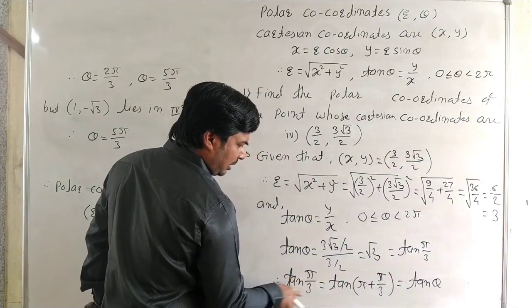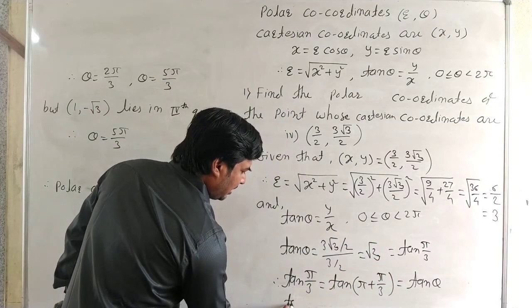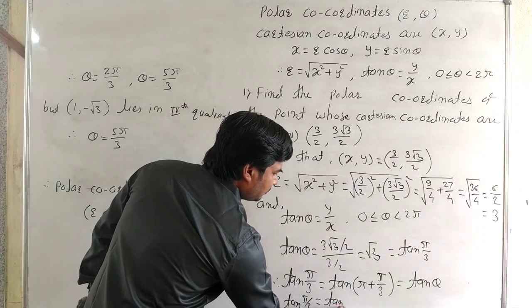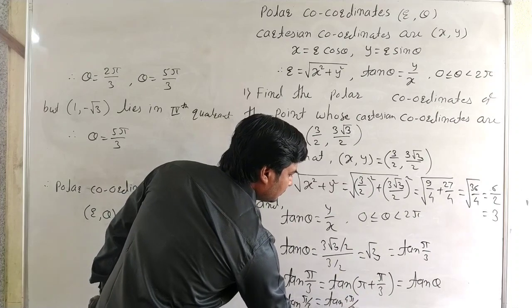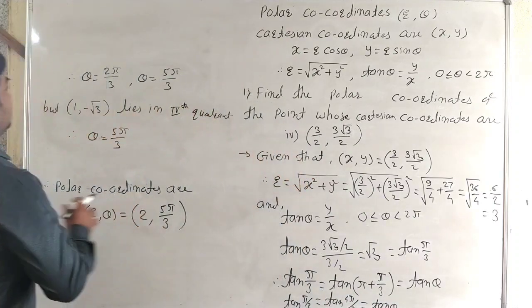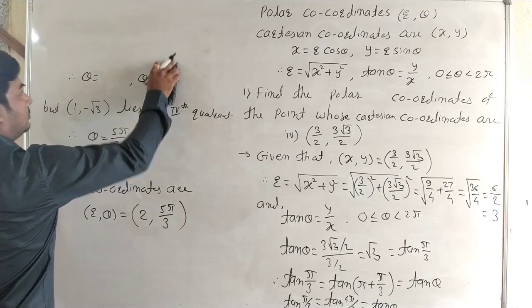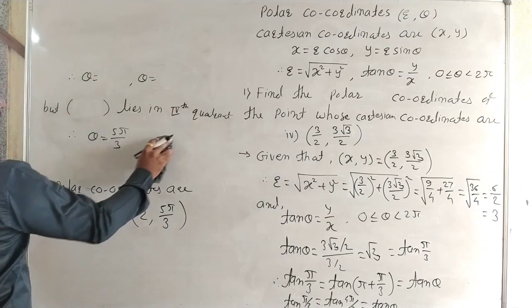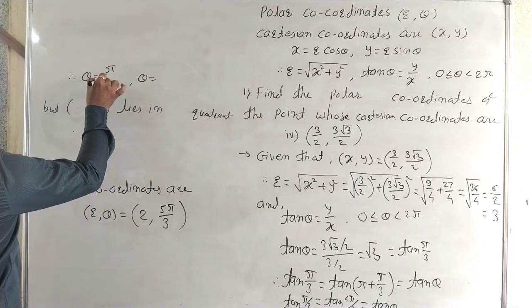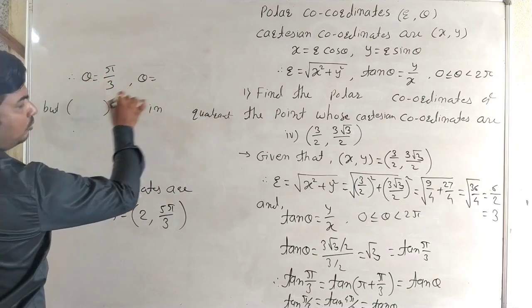Tan theta is equal to tan pi/3, and therefore tan pi/3 is equal to tan 4 pi/3 is equal to tan theta. That means theta is equal to pi/3 and 4 pi/3.